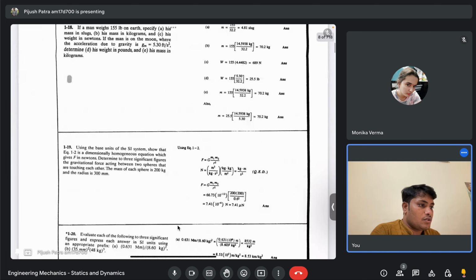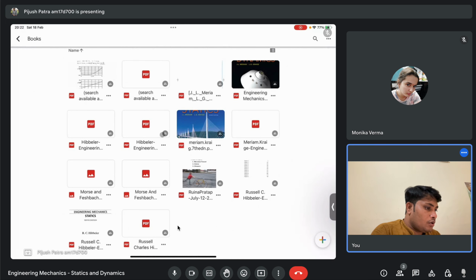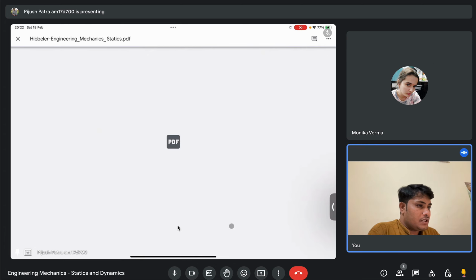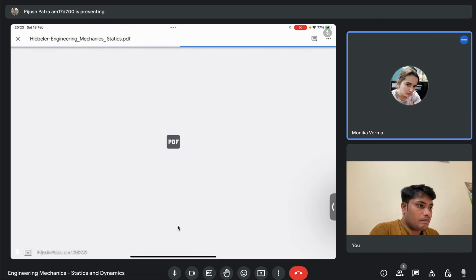This is the solution manual actually. It's not there in Meriam and Kraige, is it? Yes, sir. Let me see if it is there in Hibbeler, then I can explain it right now. I don't think so, sir.